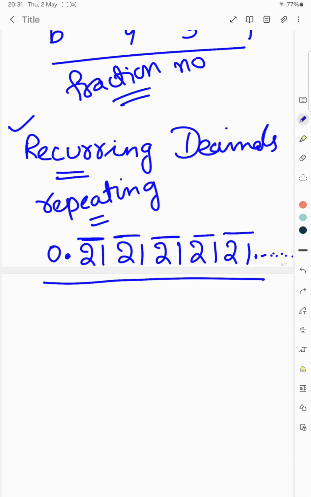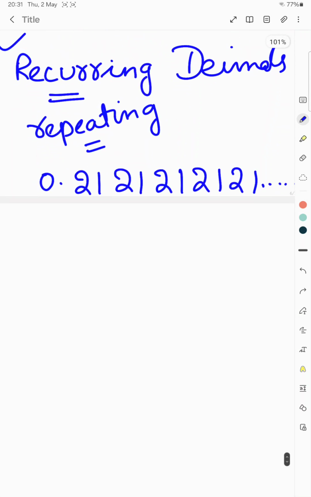And how can we write it in a short form, as it is very difficult to solve your question and keep repeating the same long number? So we will write this number in a short form, and the short form is this.